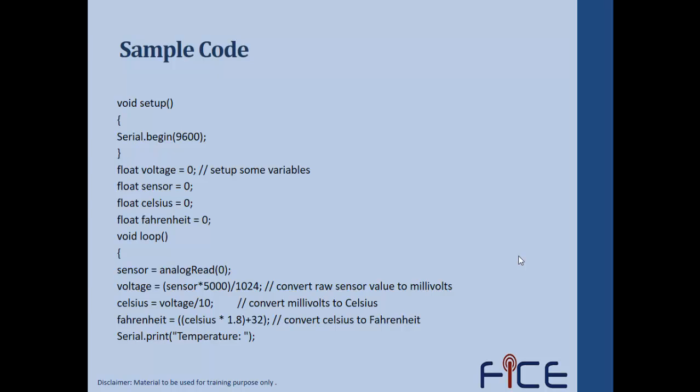After getting the corresponding voltage value, we can convert it to Celsius, and then to Fahrenheit, and then we print the temperature onto the serial monitor with the help of the Serial.print API.